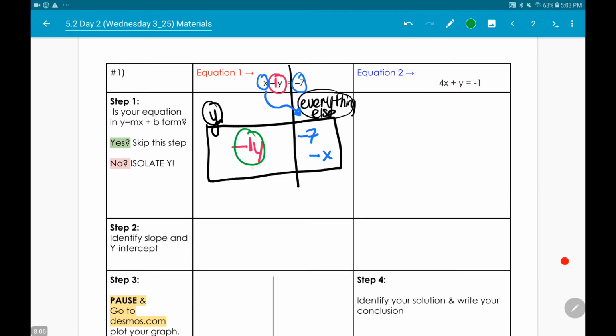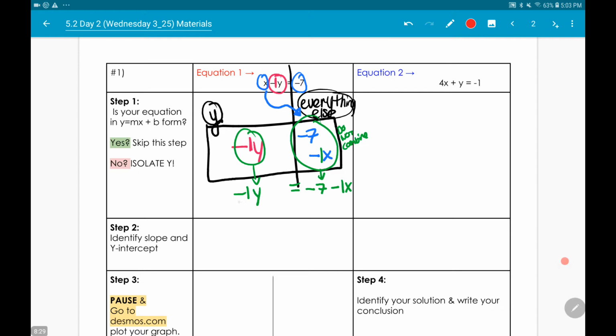I bring this down, and I bring this down, and I do not combine because they are not like terms. So this ends up as -7 minus 1x. Remember, imaginary 1.